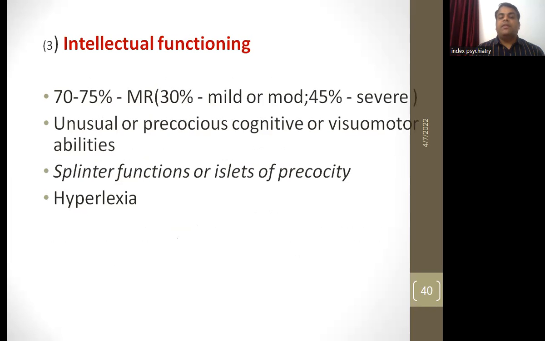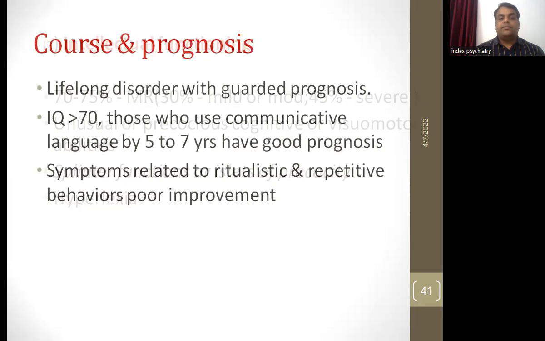Intellectual functioning: in 70 to 75% there may be intellectual disability, with unusual or precocious cognitive or visuomotor abilities, hyperlexia. Course and prognosis: lifelong disorder with guarded prognosis. IQ is sometimes more than 70.